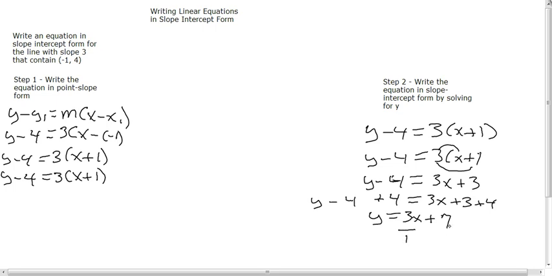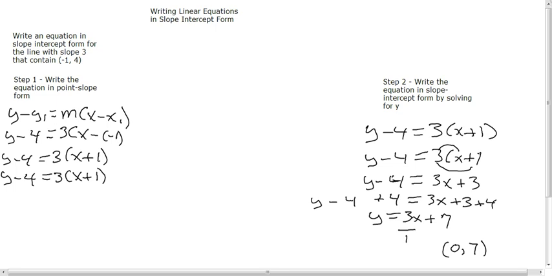Our ordered pair for our y-intercept would be 0, 7. So we would go from the origin, go up 7. That's our first dot, and then we will go up another 3 and over 1 for our second point, and that would be our line.